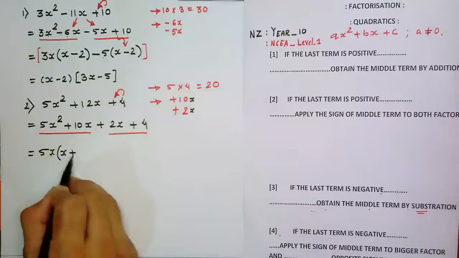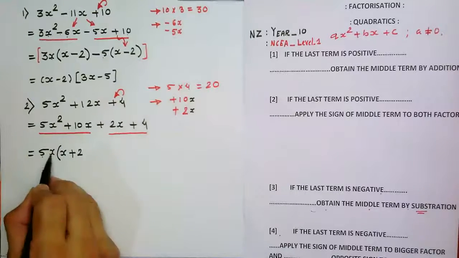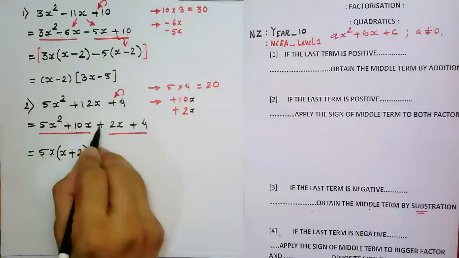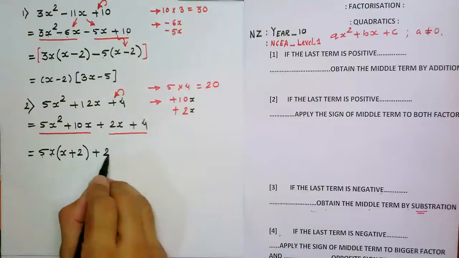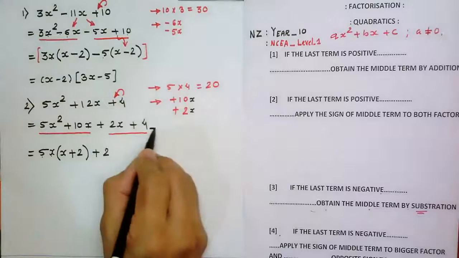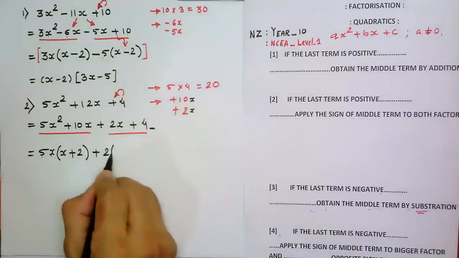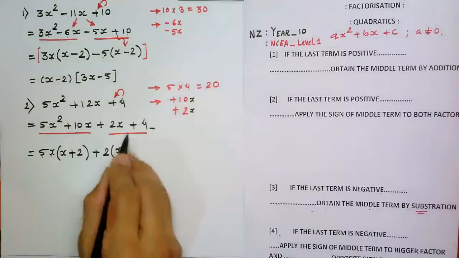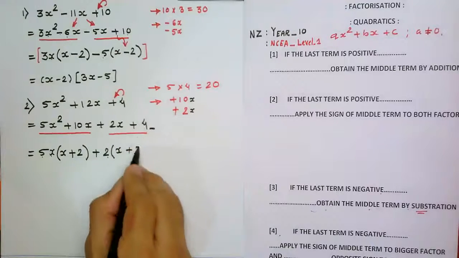Plus 5 twos are 10. This x is taken out. Plus 2 twos are 4, so 2 is common. But there is no x over here, so x cannot be taken common. Keep it as it is. There remains x plus 2 times 2 is 4.